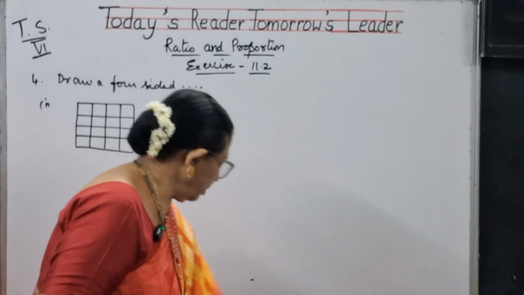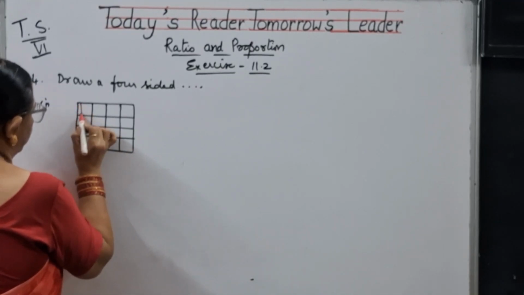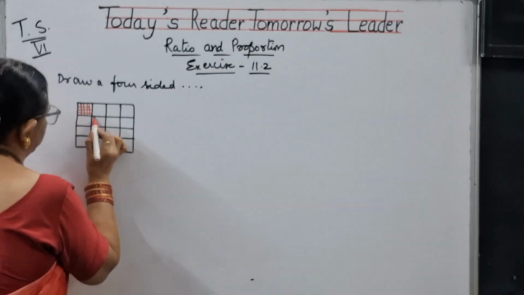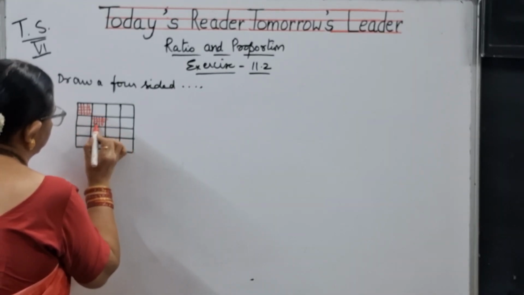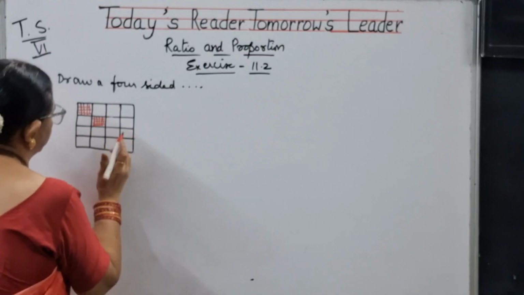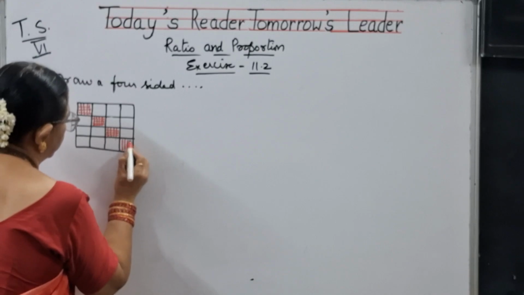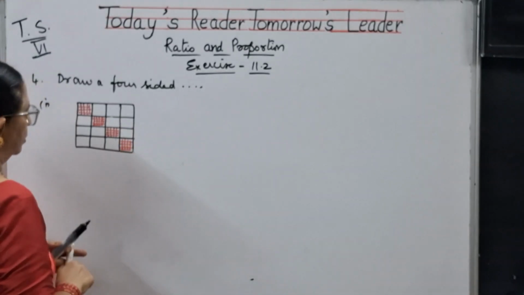In this, I am shading this. This is one shaded part, and this is another shaded part. One more shaded part, and this is one more shaded part.